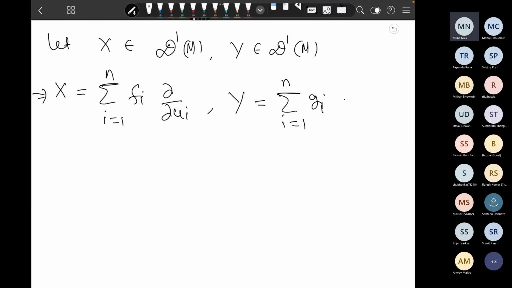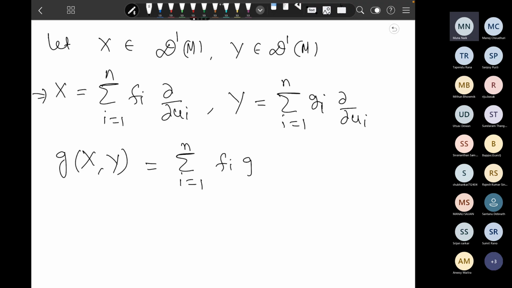That means g of XY is simply the sum of fi gi, i equal to 1 to n.